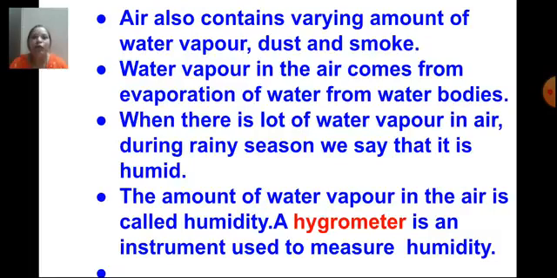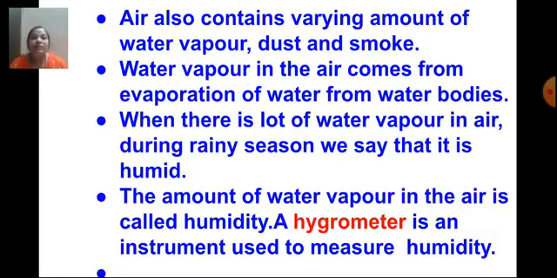Water vapor comes from some other sources also. When there is a lot of water vapor in the air, like during the rainy season, we say that it is very humid. We feel sticky, right? Because too much water gets evaporated.